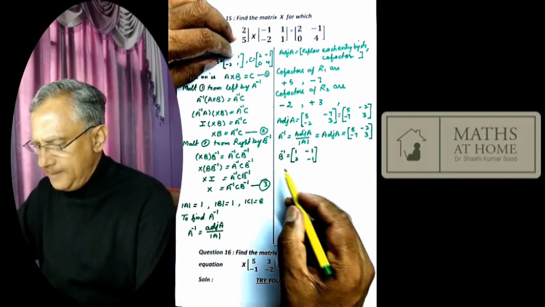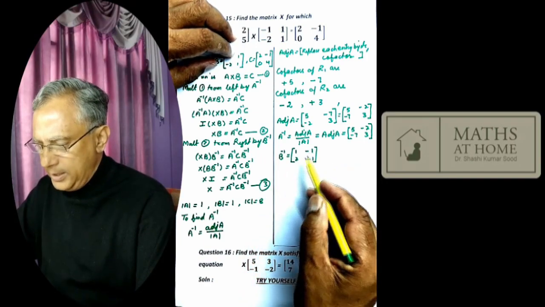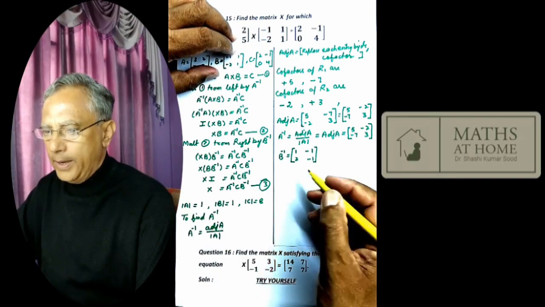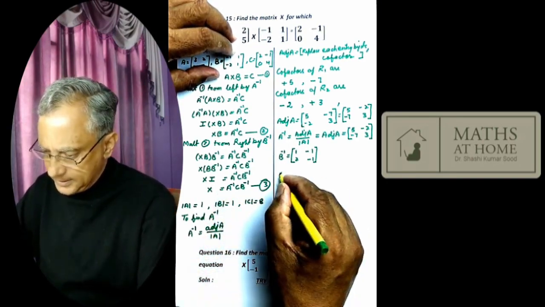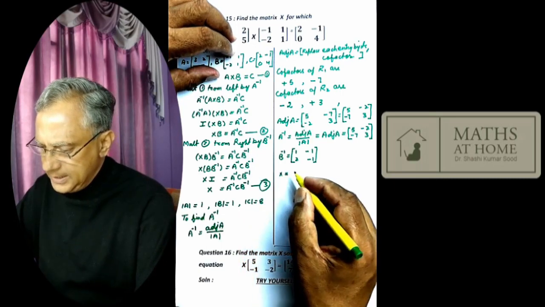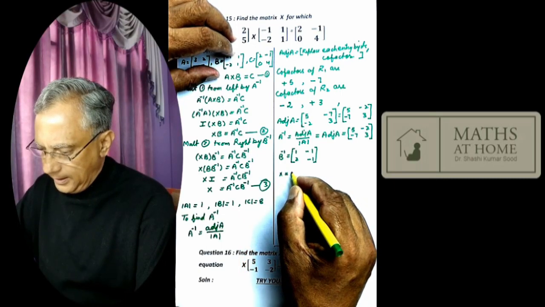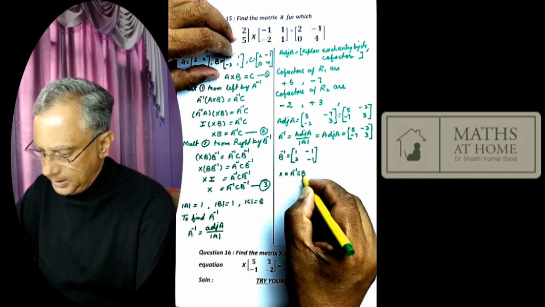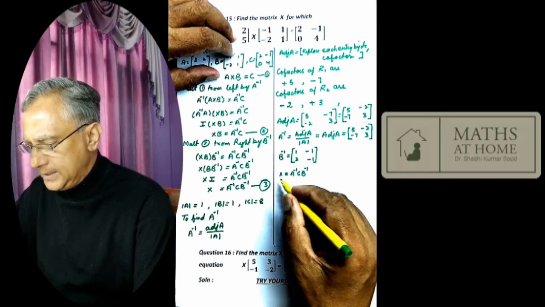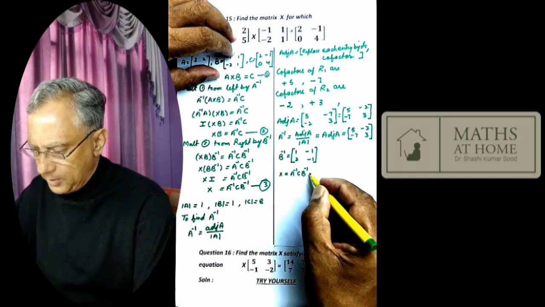Now in order to find X, X is equal to A inverse C B inverse.